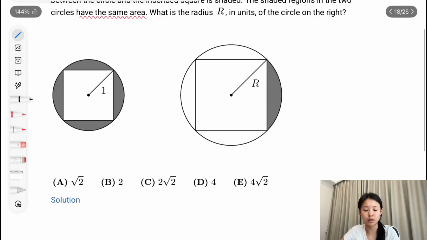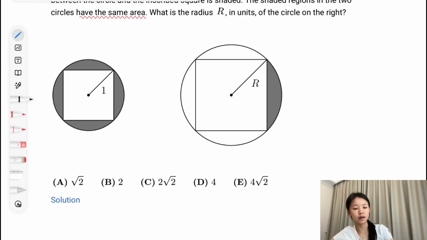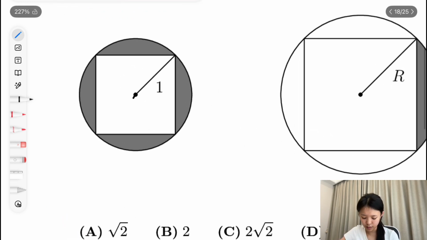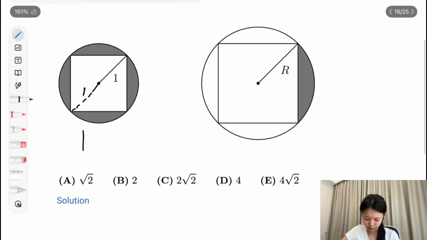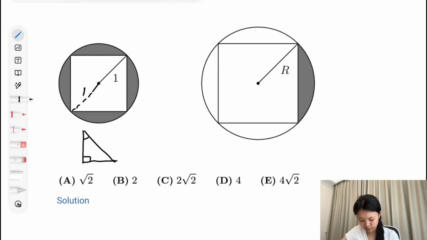So to find the radius r, what we can do is first take the equation that they tell us of the equal area, and then we're able to find out what r is. So we know here that this is also equal to 1, since it's also the radius. And we remember from the Pythagorean theorem that there is a 45-90-45 triangle with x on each of the legs and square root of 2 times x on the hypotenuse.